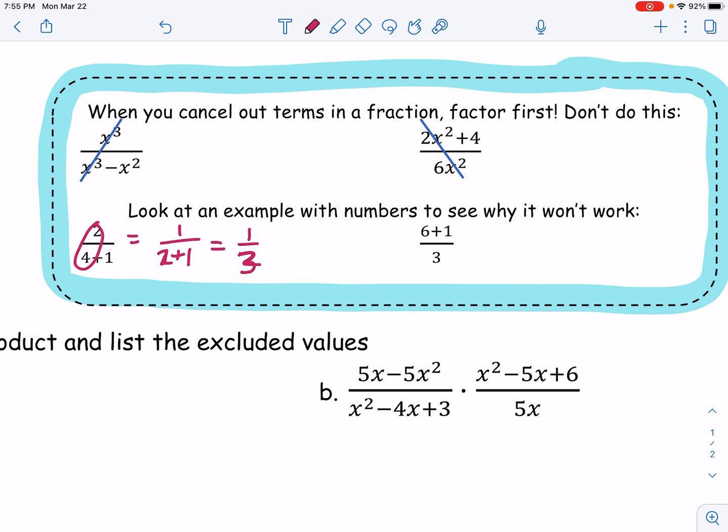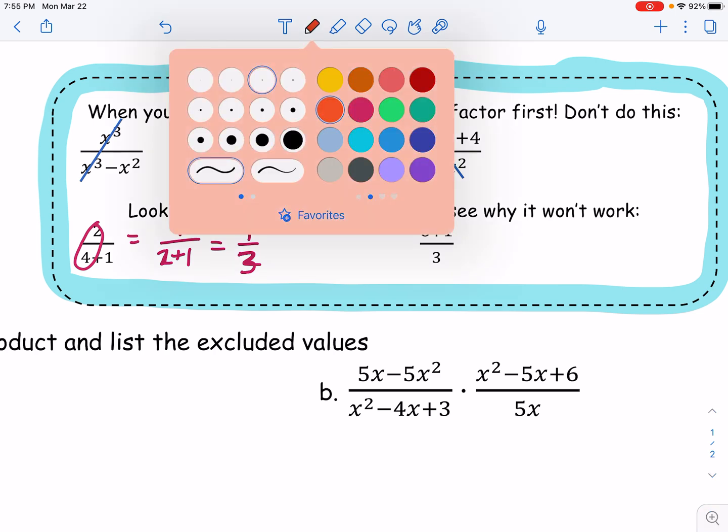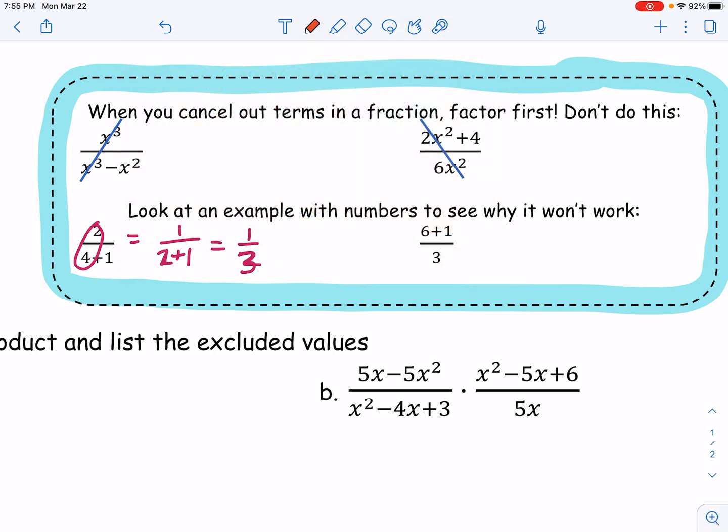Okay, so this will get you 1 over 3. However, we should know our basic math rules enough to know that I would have to follow PEMDAS. When simplifying, you actually would work backwards. But anyways, this is the same thing as 2 over, what's 4 plus 1? 5. Can I reduce 2 over 5? No, this is my answer, not the 1/3, okay?